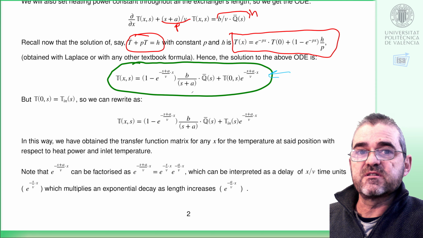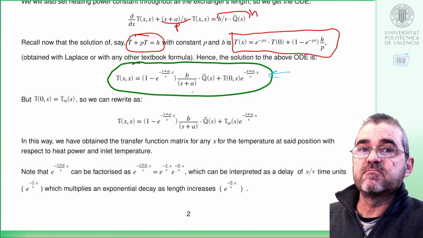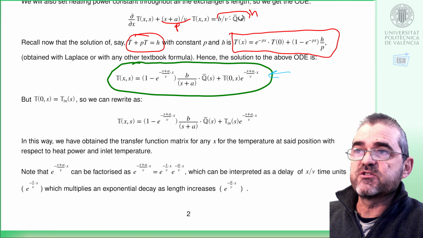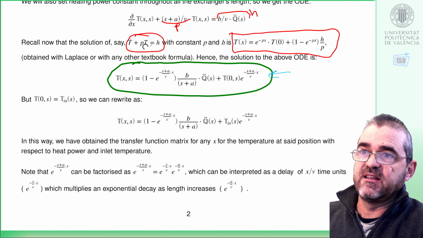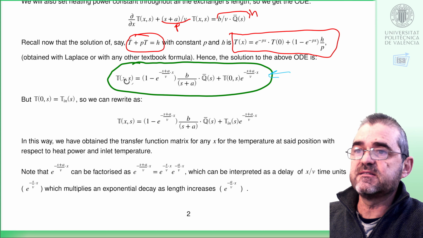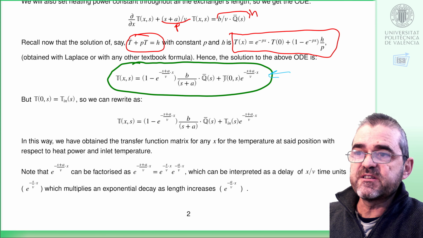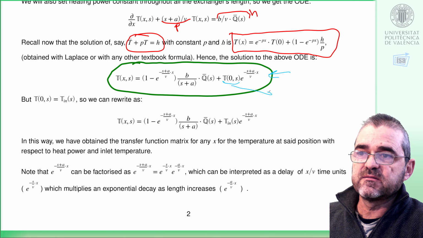In time domain, we consider x to be a constant in the Laplace transform integrals. And now in space domain, we consider s to be a constant in the space domain differential equations and associated solutions.